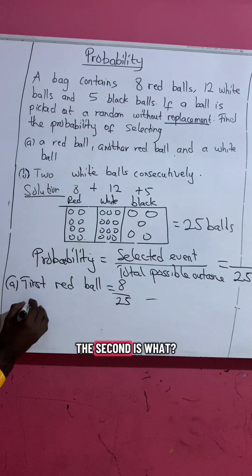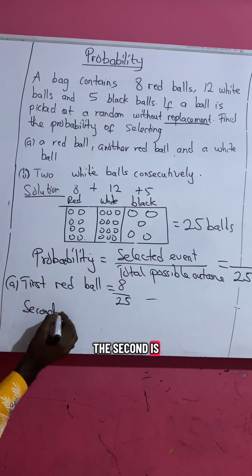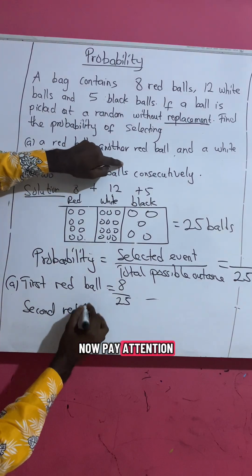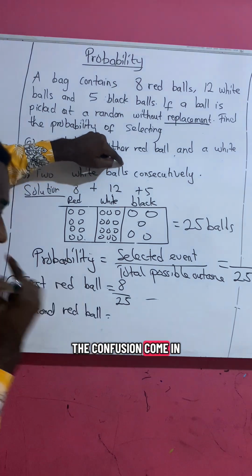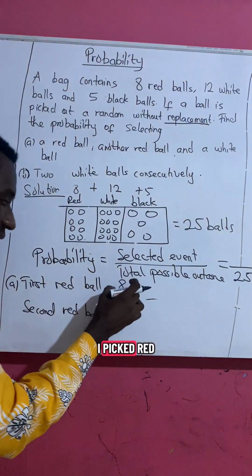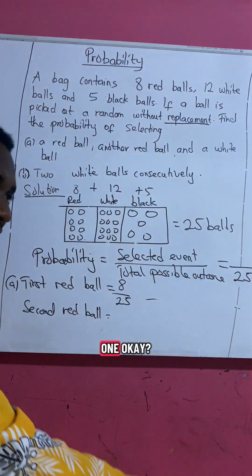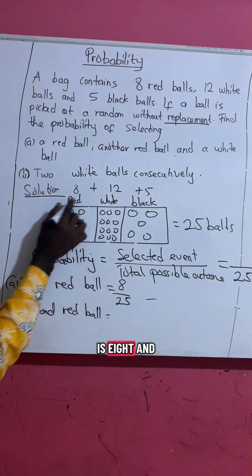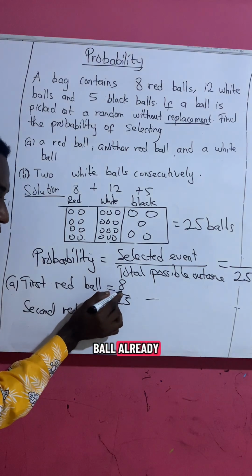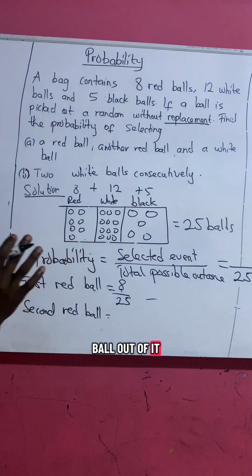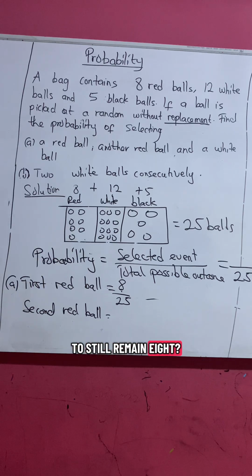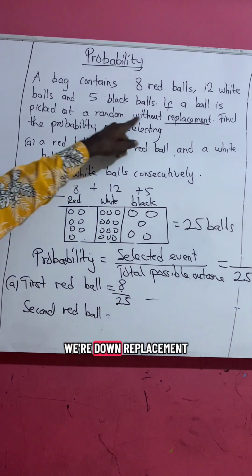Now, he said the second is a red ball again. Pay attention, this is where the confusion comes in. The first ball I picked was red. If it was 8 and I've picked 1 ball already, is it going to still remain 8? No, because it said without replacement.